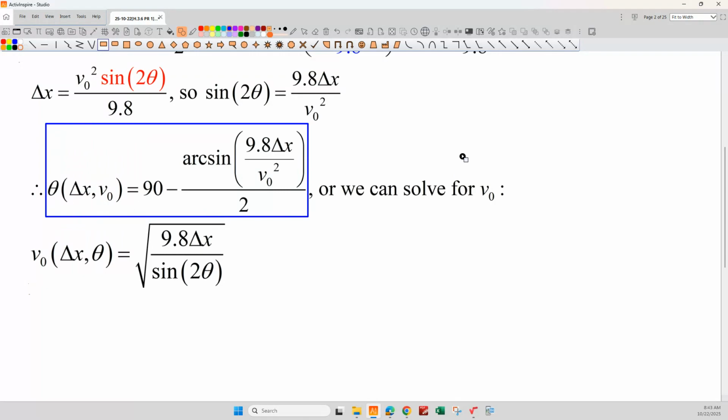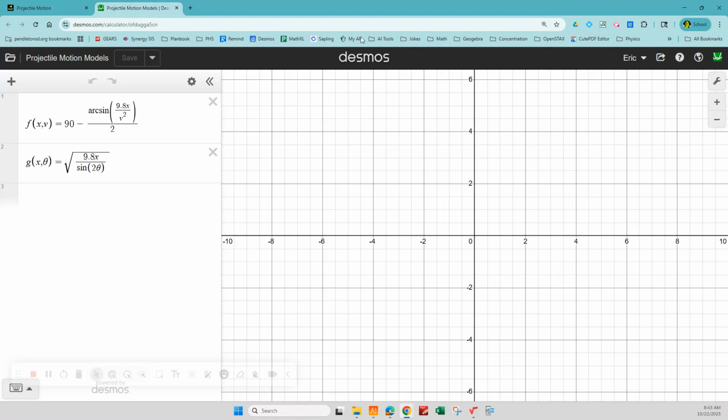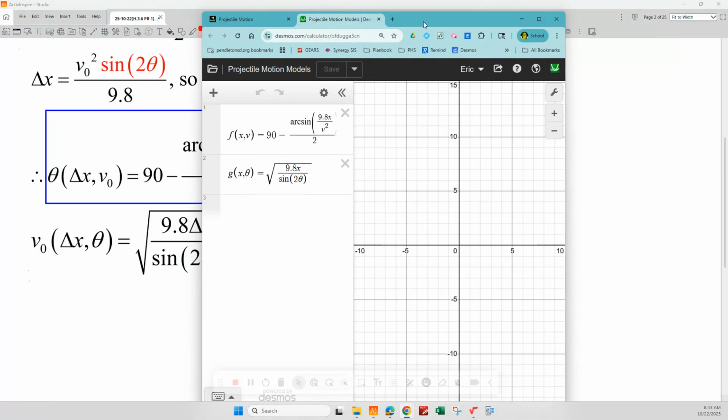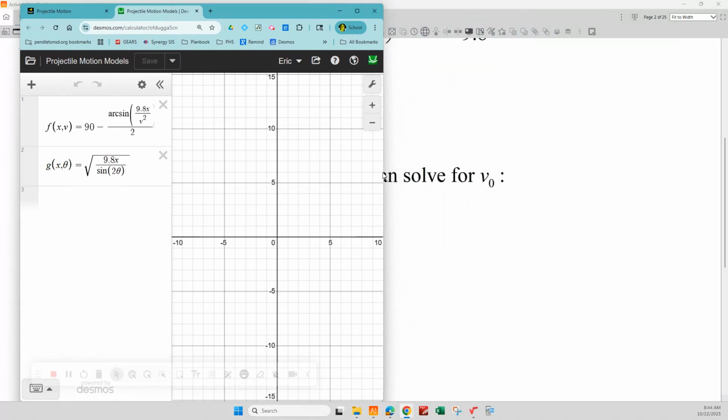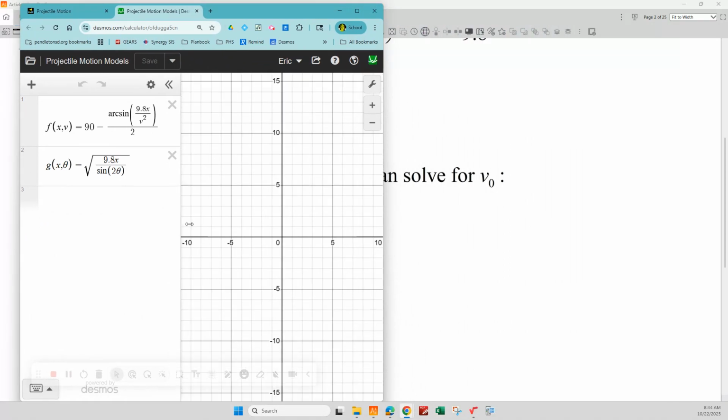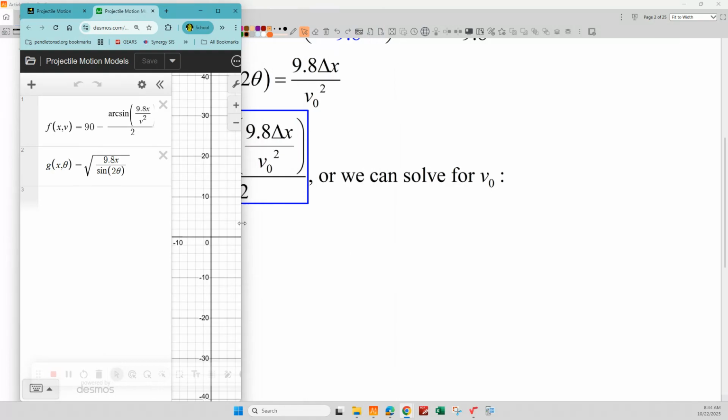Okay, well, what are the odds? I just happen to have that in Desmos. So let's use Desmos to do this calculation. We don't care about the graph at all. I'm just going to use that function to make some predictions.